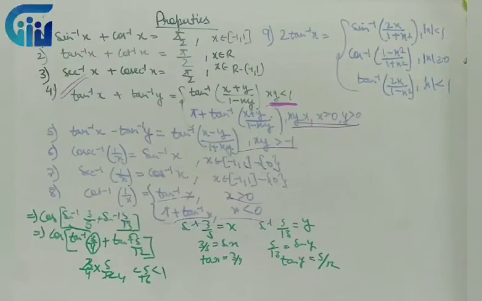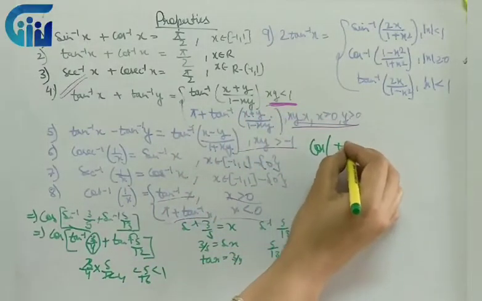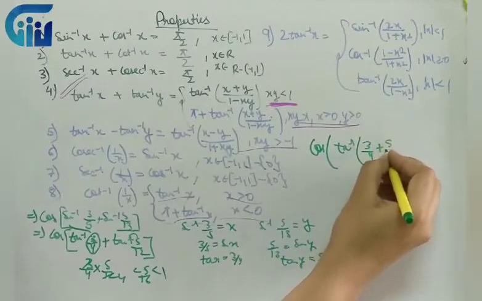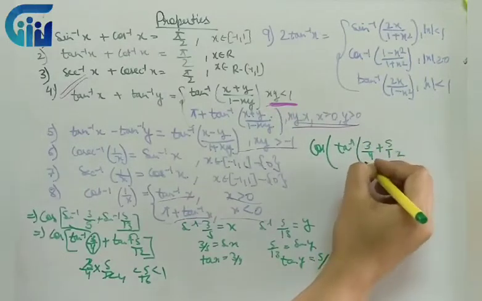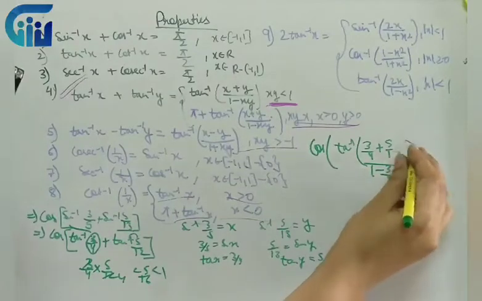Then what you will get if I apply this particular formula? You will get that particular answer in terms of tan. So let's apply it here. I'll get cos tan inverse of 3 by 4 plus 5 by 12 upon 1 minus 3 by 4 into 5 by 12.